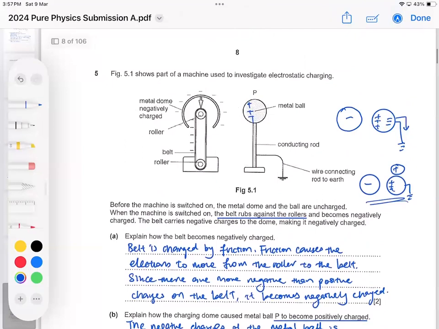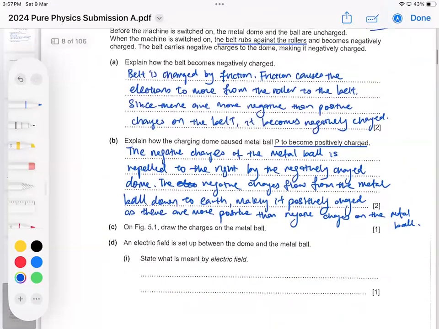Okay, so again, we know that this is overall minus and this is overall plus, so there is an electrical field that goes this way from the positive to the negative. Electrical field we define as the region where an electrical charge experiences a force.